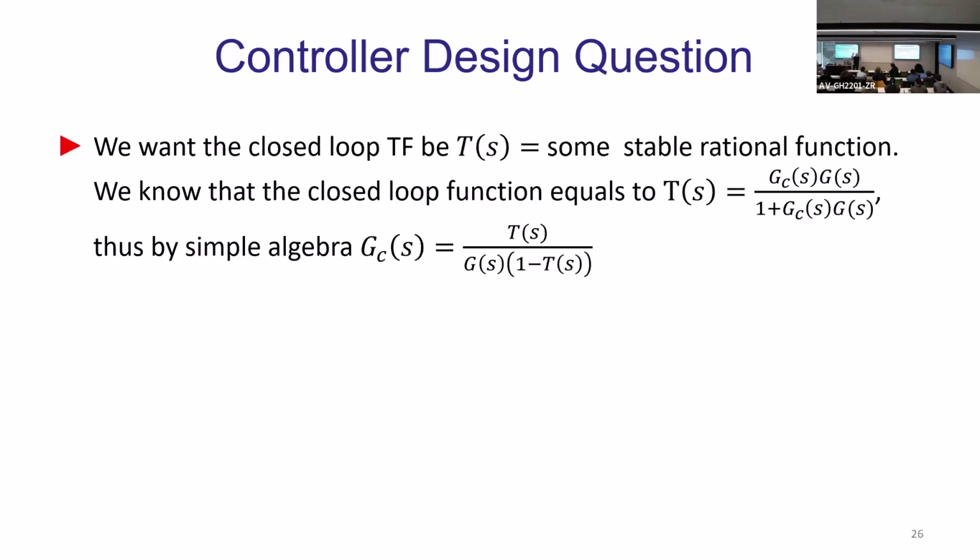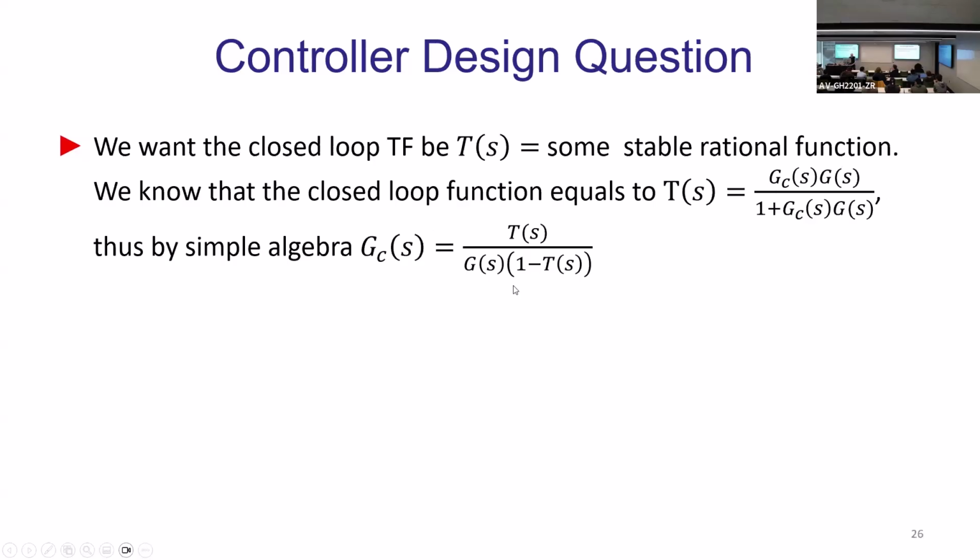Controller, plant, unit feedback. This is the formula to compute the transfer function in closed loop. And I know that transfer function. So this is one polynomial divided by another polynomial of some kind, right? I also know that, numerator and denominator, right? So G of S is also defined. This is our plant. So do some algebra on that equation and compute what G of C is.